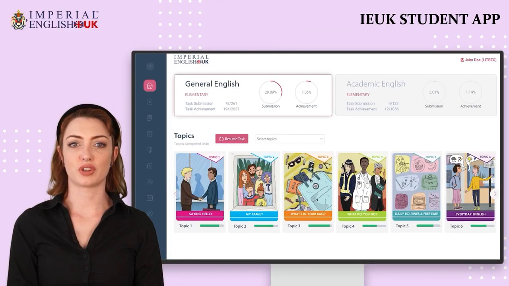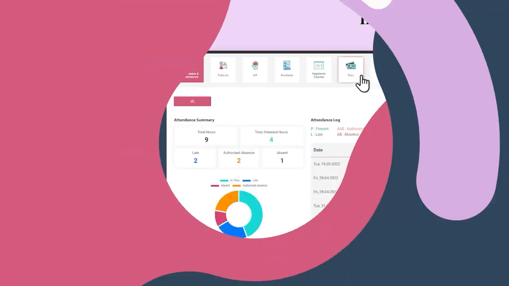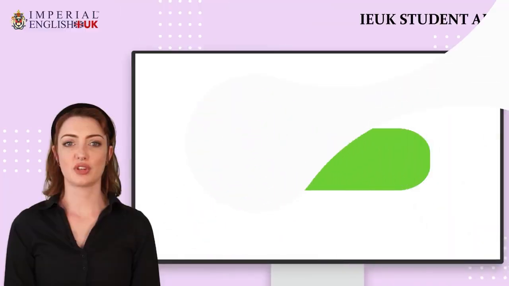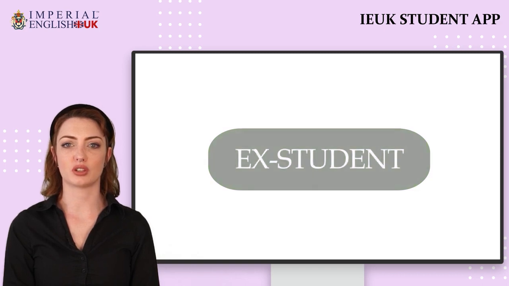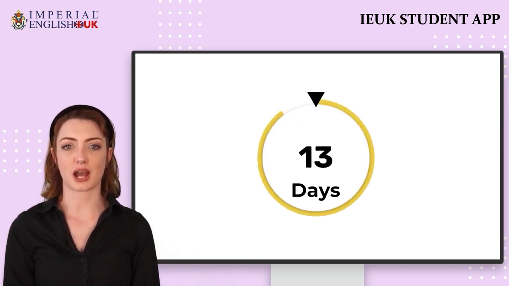You can see your certificate on the IEUK student app by clicking on Management, then Certificate. When your certificate is issued, your status on the app changes to ex-student. From this date, you will have 14 days to access the apps.